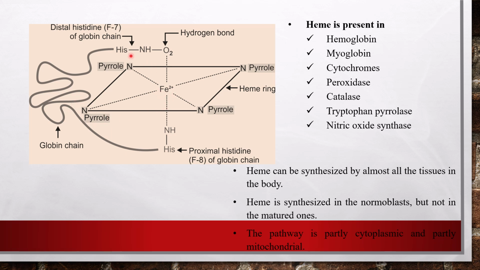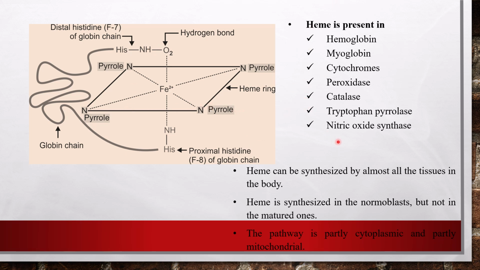So 4 coordination bonds come from the pyrrole nitrogens, and one coordination site is from the globin histidine, the proximal histidine F8 of the globin chain. This histidine nitrogen also participates in coordination. So this is how all 6 sites are engaged in forming coordination bonds.